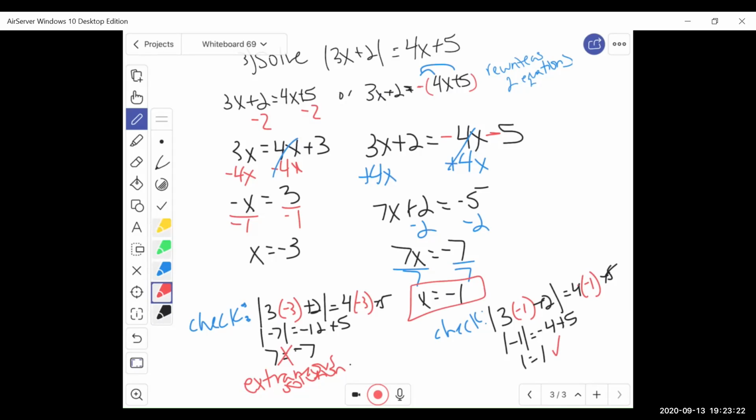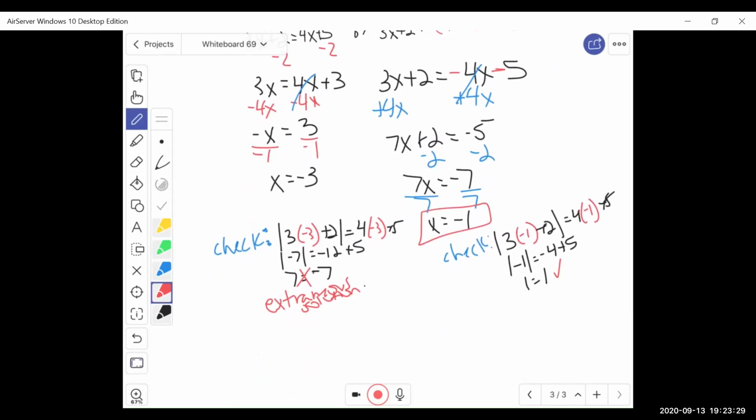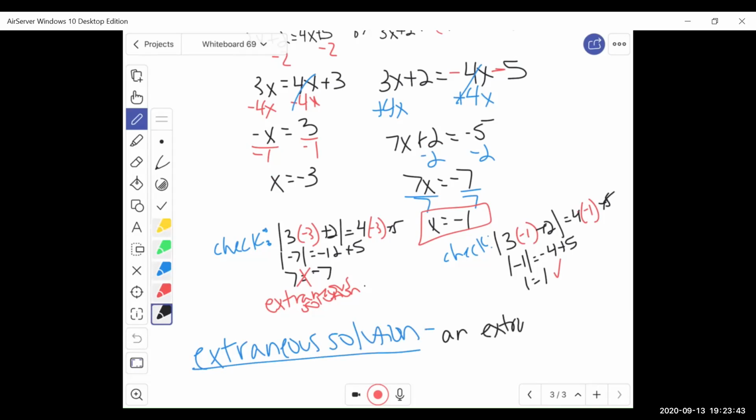Okay, so again, here we have what's called an extraneous solution. Let's define that for you. An extraneous solution, think of it as an extra solution.